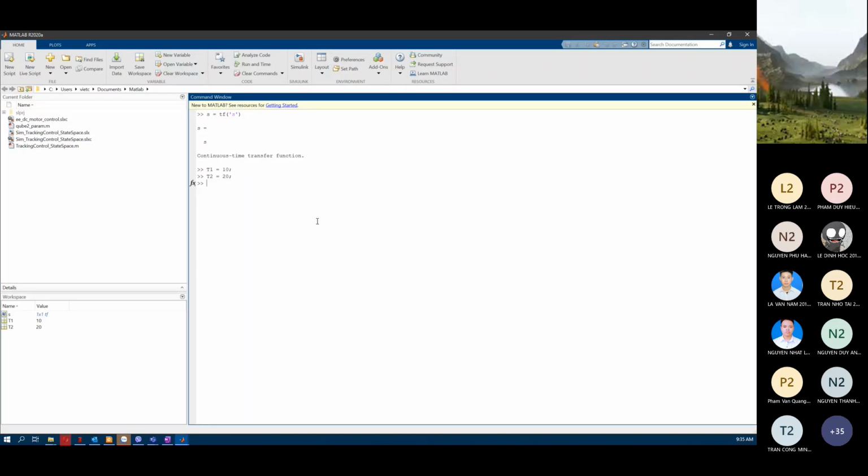Okay, and K, I will suppose K equal to, for example, 2.